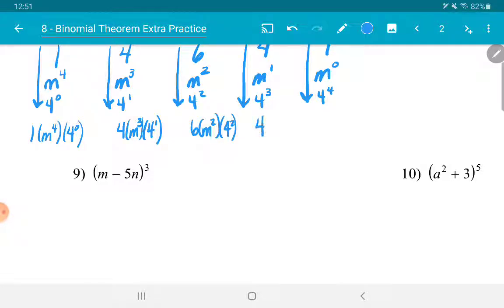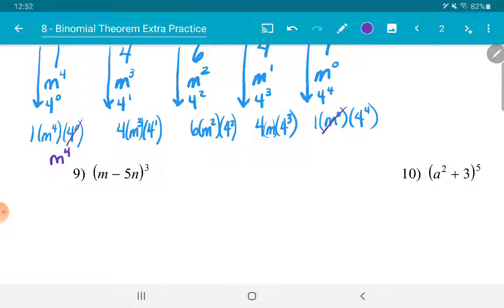Here we have 4 times m times 4 to the third. Here we have 1 times m to the 0 times 4 to the fourth. Well, anything to the 0 power is 1. So when it has a 0 power, those basically go away because if I multiply by 1, it doesn't change anything. So in this product, I have m to the fourth.